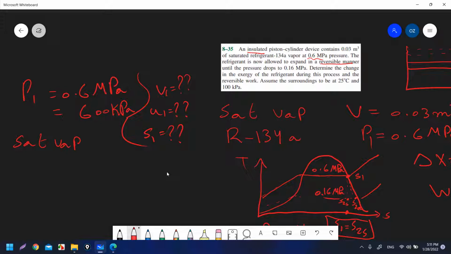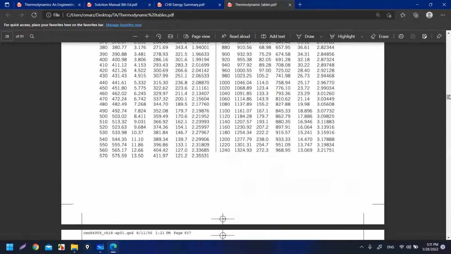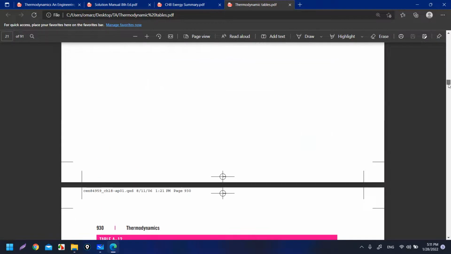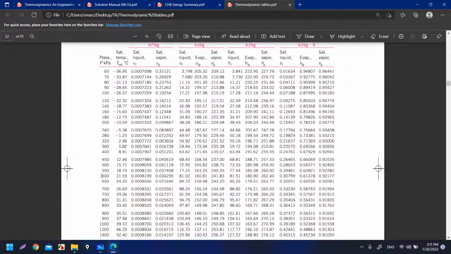Okay, so let's go to the table. That is a refrigerant, so you will go to table A12 at pressure 600 kilopascal here, and we said it is a saturated vapor, so we use Vg, Ug, and Sg.